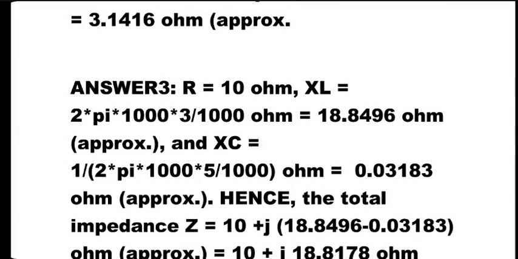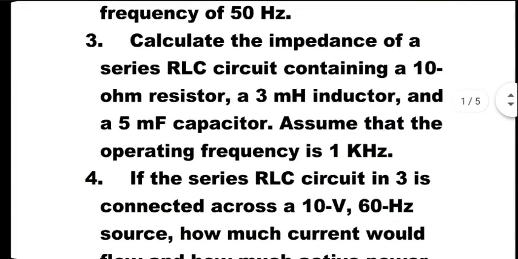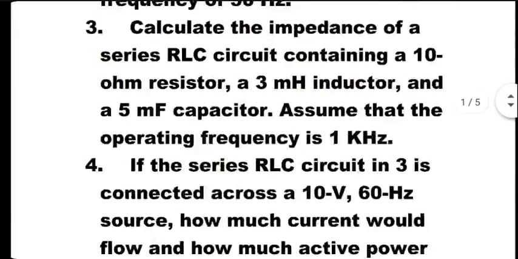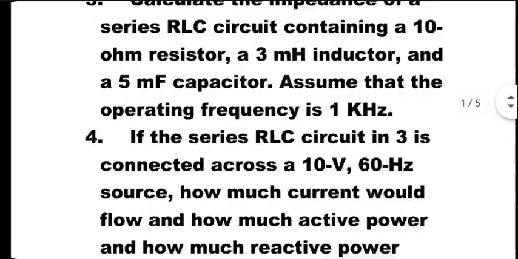Okay, R is 10 ohm, right? Let's say, yeah, 10 ohm. 10 millihenry inductor gives you XL equal to 18.85 ohm almost. You can double check the calculations. XC is going to be dependent on the 5 millifarad capacitor.